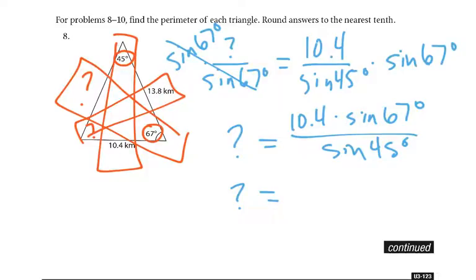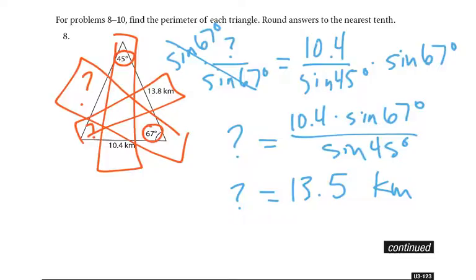So, 10.4 times the sine of 67 degrees over the sine 45 degrees. And I get my side length being 13 point, round to the nearest tenth, 538, so 13.5 kilometers.